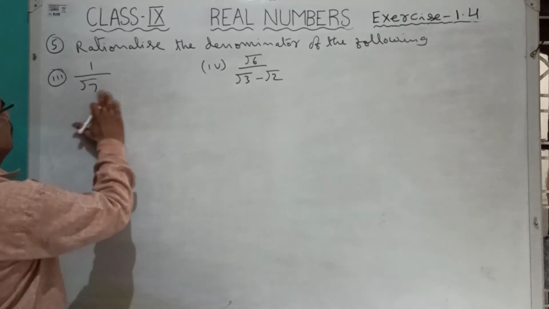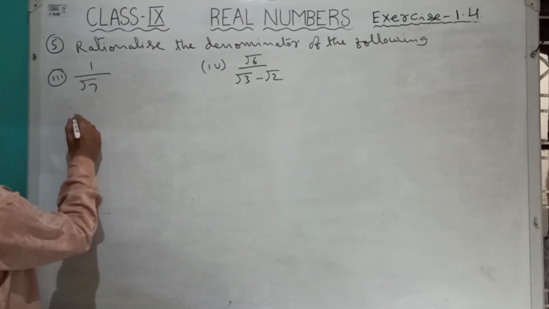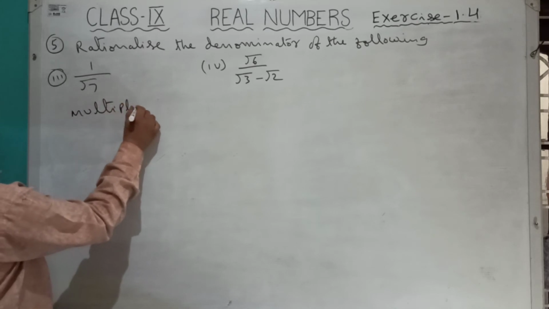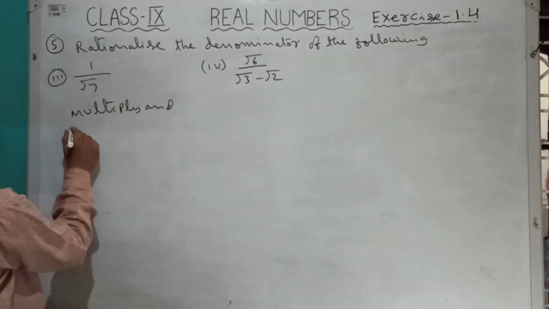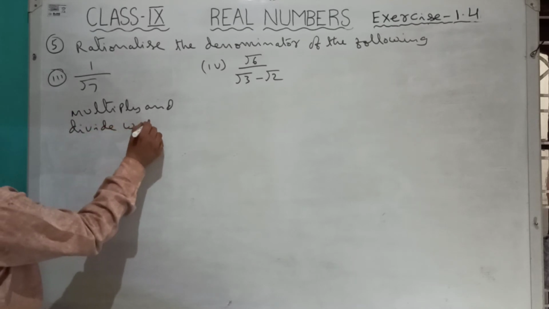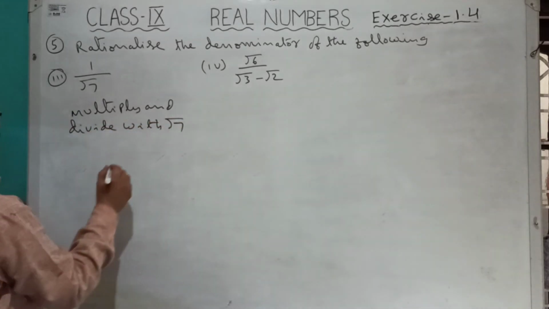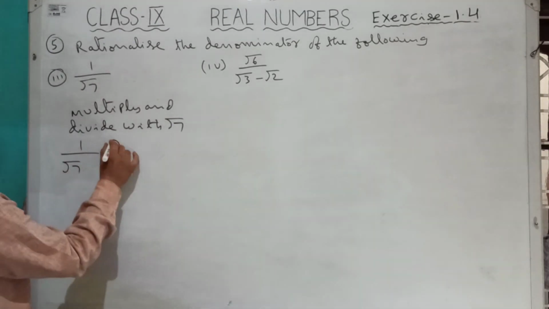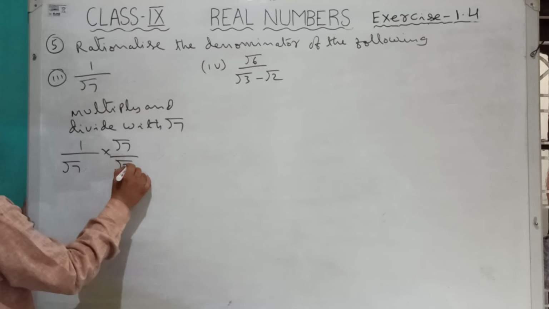So multiply and divide with root 7. 1 by root 7 into root 7 by root 7.